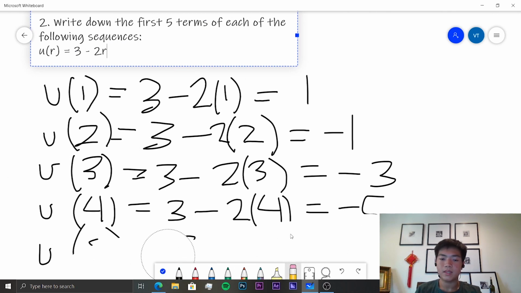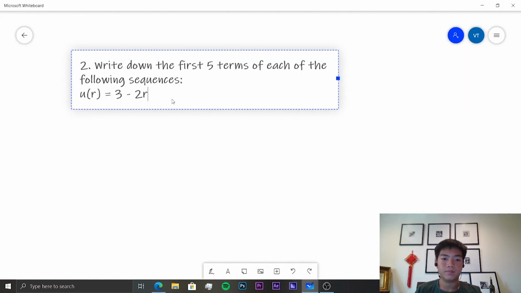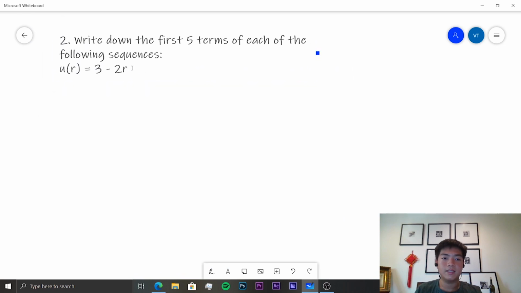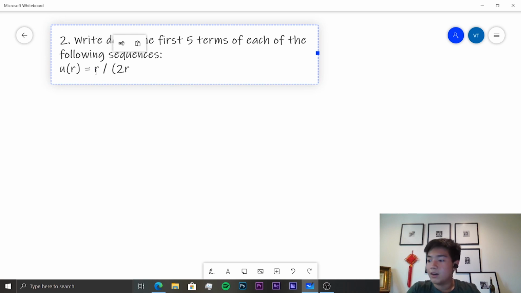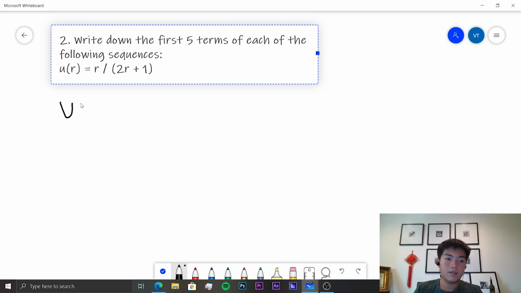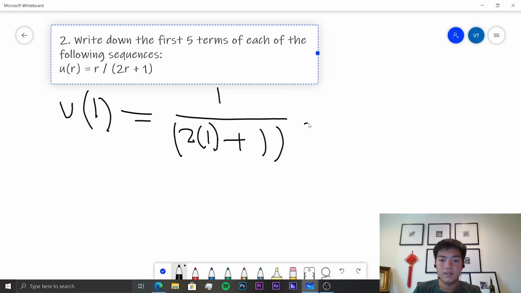Okay, let's move on to the next sequence. So the next sequence is r divided by 2r plus 1. Okay, so for our first term, u1 is equal to 1 divided by 2 times 1 plus 1, which is equal to 1 divided by 2 times 1 is 2, plus 1 is 3, so our first term is 1/3.